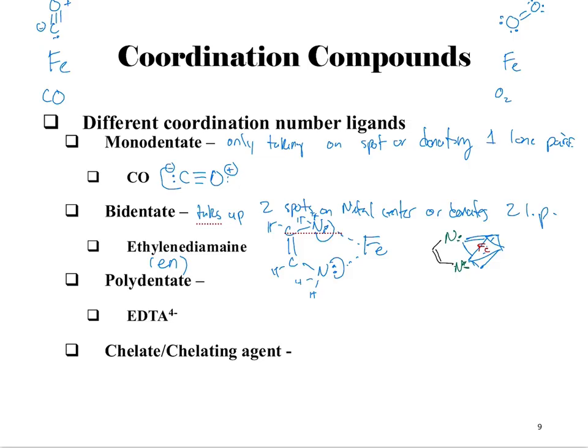And then there's polydentate, which is just going to take up, I'm going to put this definition down here, more than two spots, or donates more than two lone pairs to the metal center.